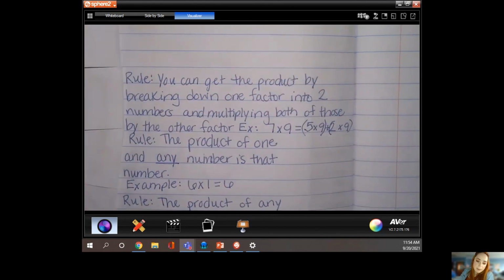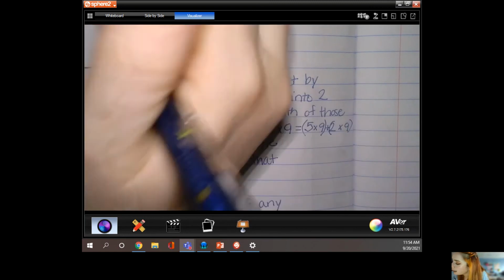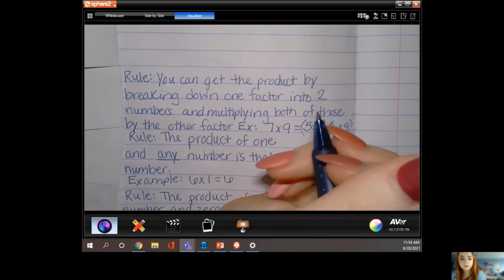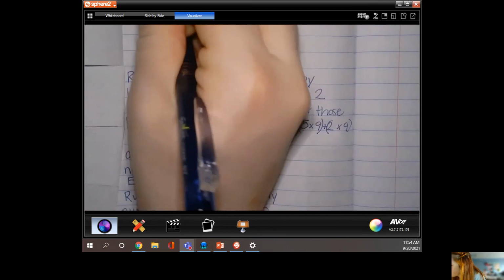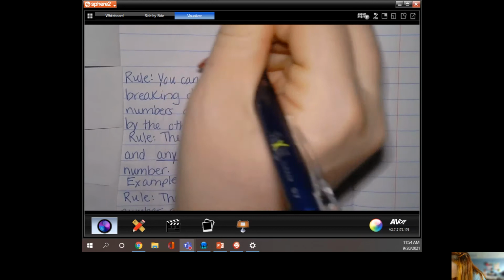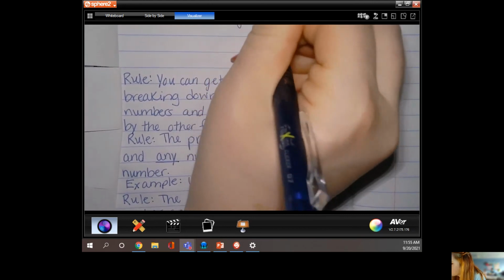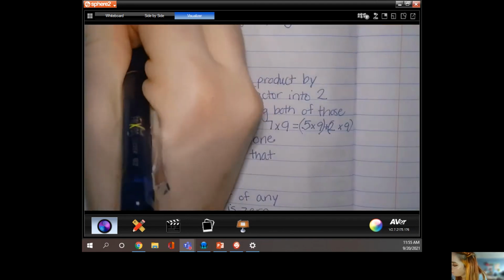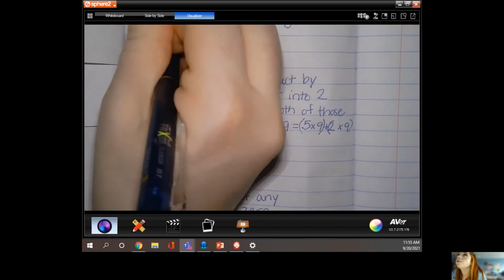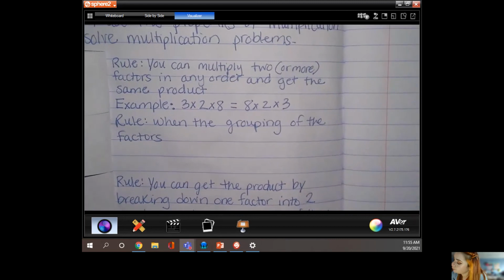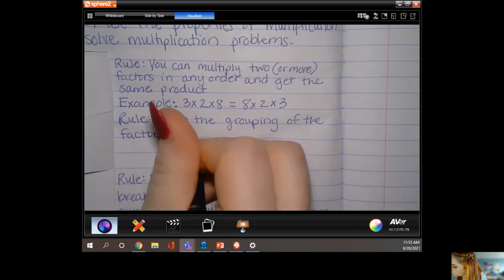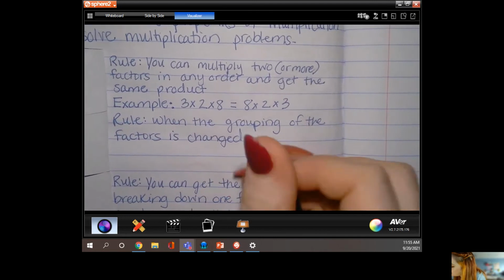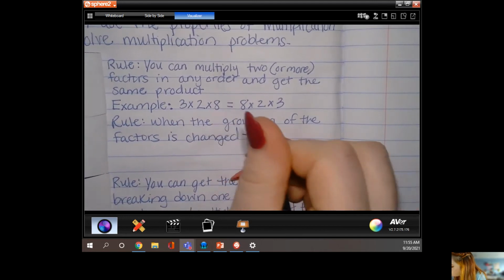Okay, so looking at the associative property, the rule is when the grouping of the factors is changed, the product is still the same.